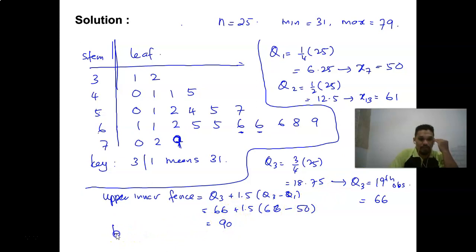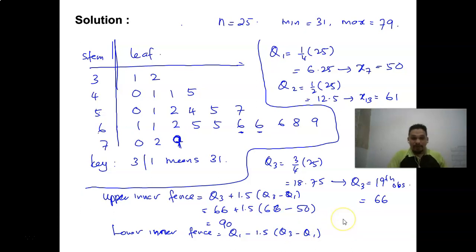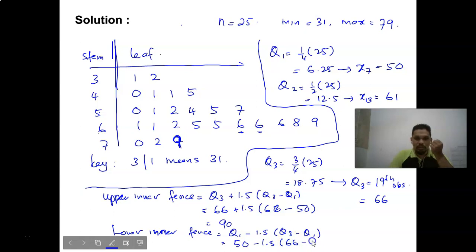So the lower inner fence equals Q1 minus 1.5 multiplied by Q3 minus Q1, where Q1 equals 50, minus 1.5 times Q3, 66, minus Q1 equal to 50. That is equal to 26.